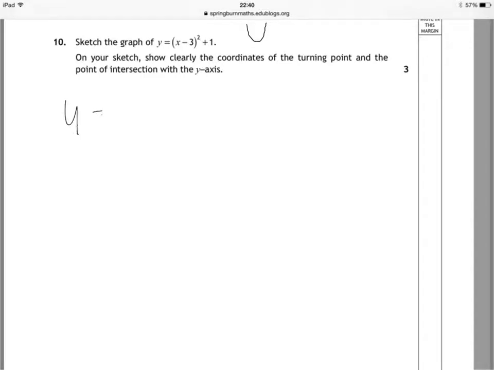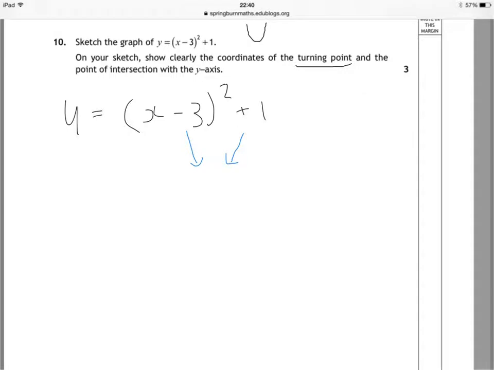Now, if I write down the completed square, again, (x minus 3) all squared plus 1, we're now looking to find the turning point. The turning point can be easily gotten from this function when the completed square is in front of us.